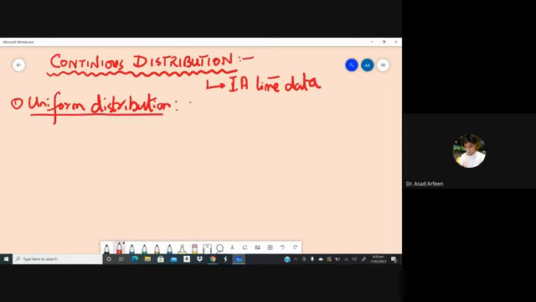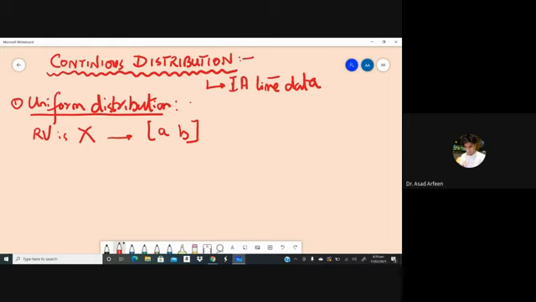For the uniform distribution, I will use the notation from your book. If a random variable x is uniformly distributed, it has a domain with minimum value a and maximum value b, and all of the values between a and b are equally likely.